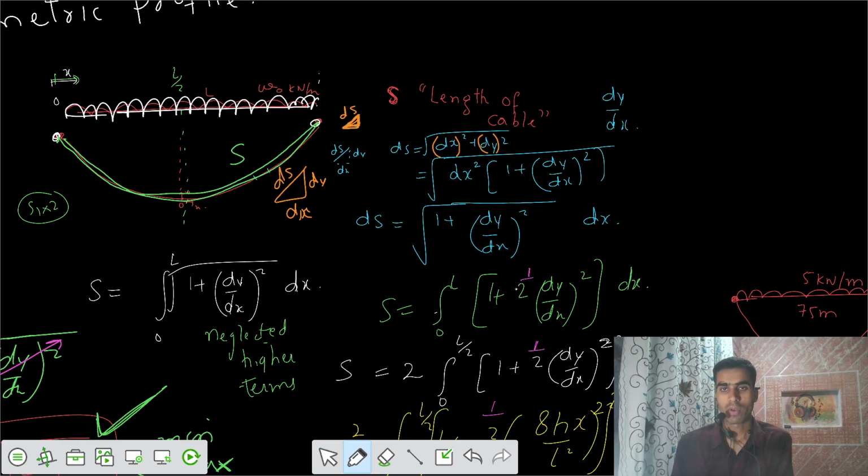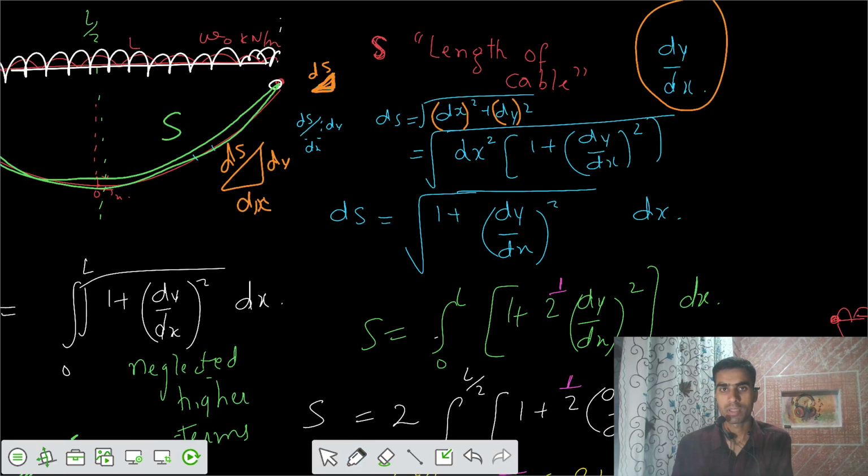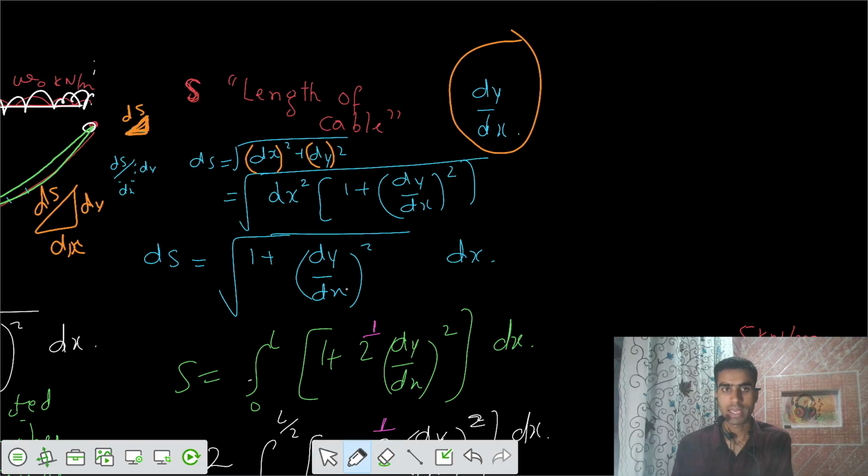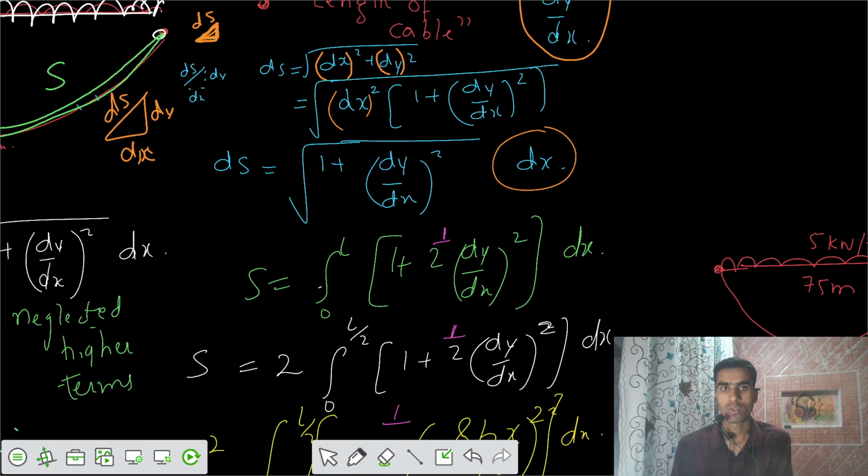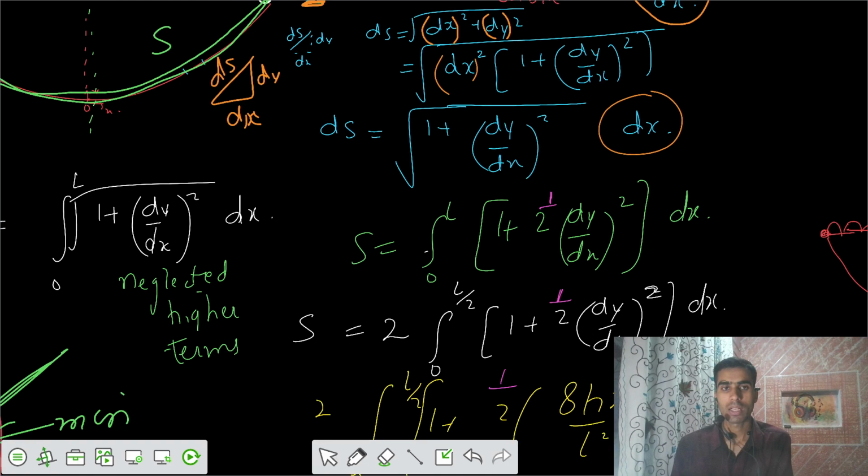If I convert it in terms of dy by dx, I keep dx whole square common, then I can write 1 plus dy by dx whole square. Finally ds equals to root of 1 plus dy by dx whole square into dx. Now this is your small element.